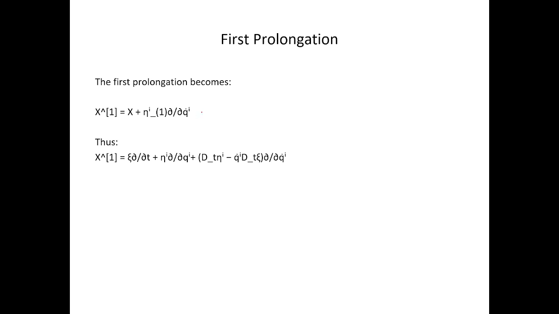So the first extension of the Noether symmetry generator is this. In expanded form, this is the generator and this is the first prolongation term. This is the first order extended generator, and why do we need it?